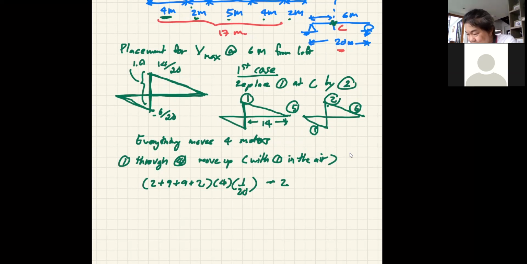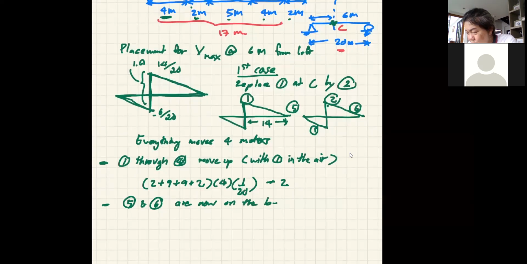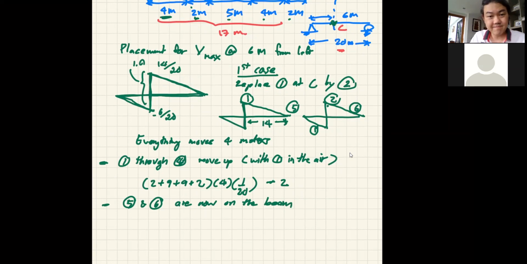And then second, that's the first one. 5 and 6 are now on the beam. So we must add the presence of load number 5 and 6 on the beam. Okay?